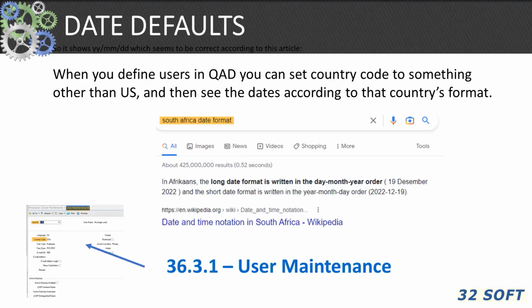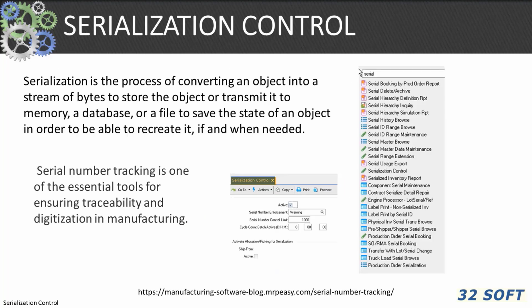It is regrettable that the nations of the world have not all agreed upon a standardized way to denote time. But until then, QAD has several ways to deal with the various time formats of your customers and suppliers. When you define users in QAD, you can set a country code and see dates according to that country's format.